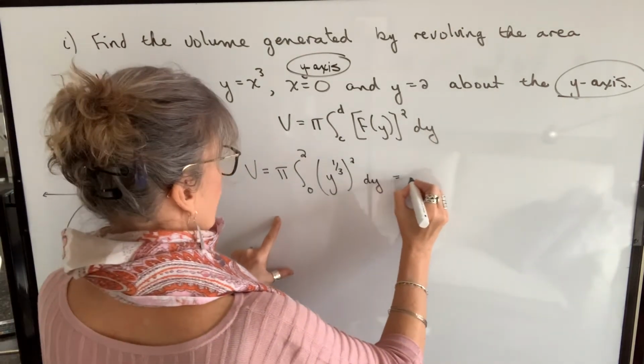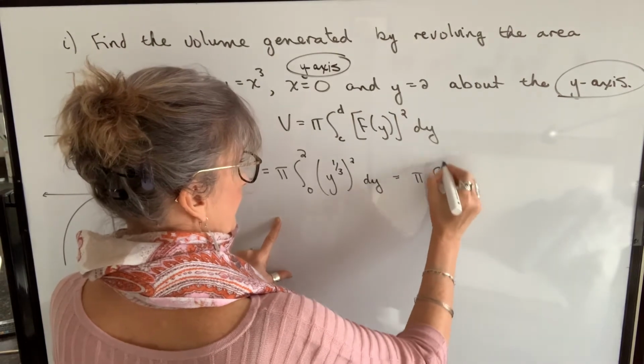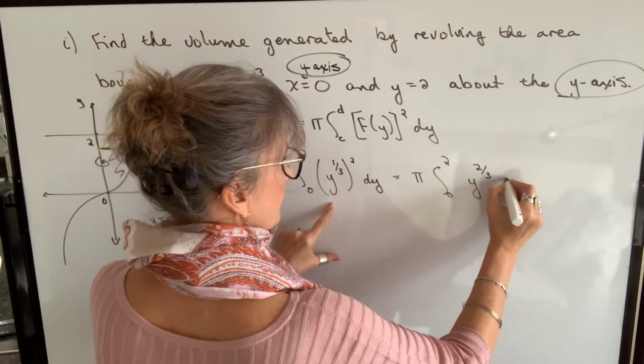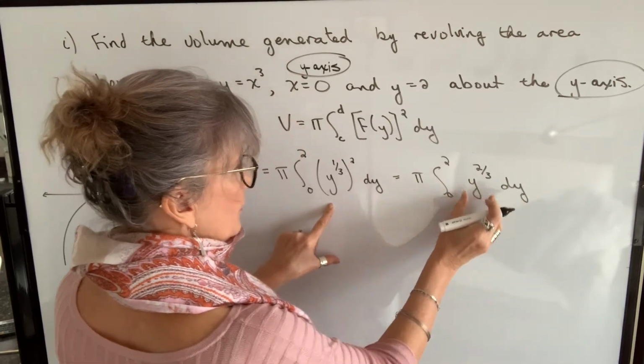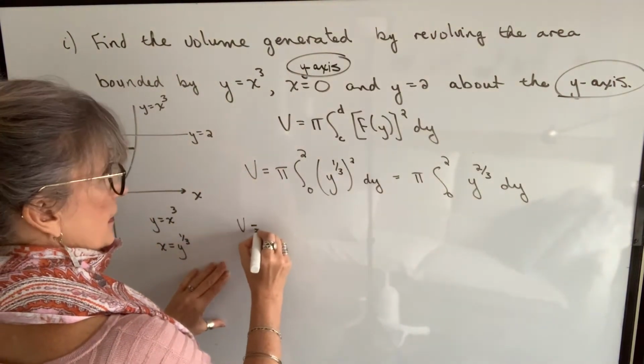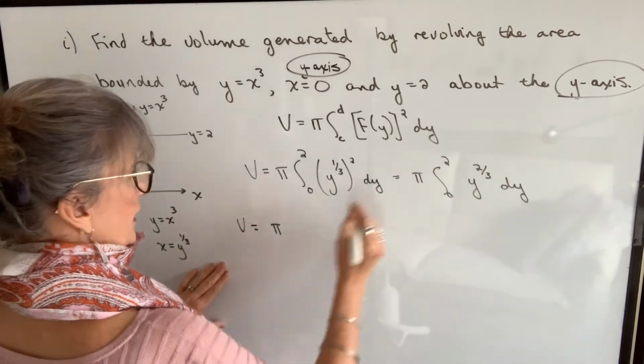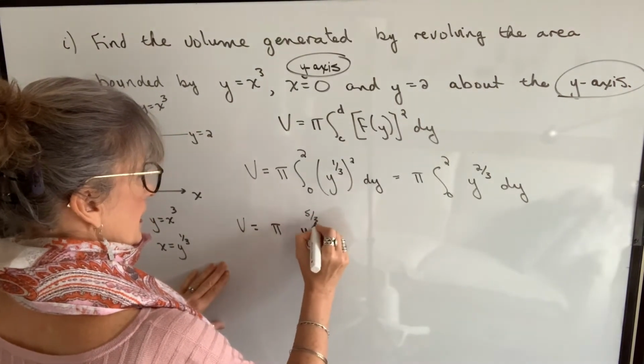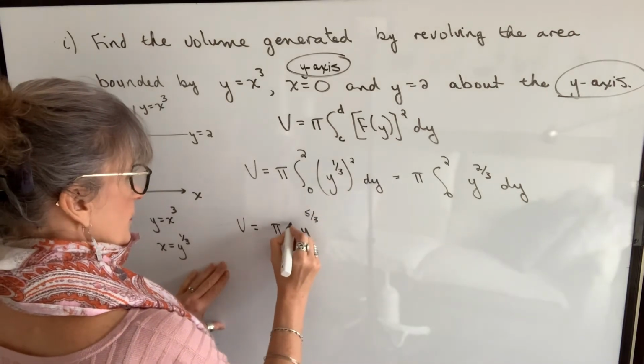Again, let's simplify this first. Let's square this because we cannot integrate it until we do that. Now that it's simplified, we can integrate. So that will be y to the 2/3 plus 1 will be 5/3. 1 divided by 5/3 will be 3/5.